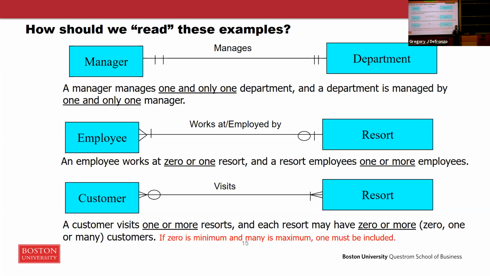You may be an employee in the database, but the resort is temporarily closed, and so you may have a zero, but once that resort opens, you're one, right? Because you can't split your time between many locations. And a resort can have zero or many employees, or in this case, one or many.